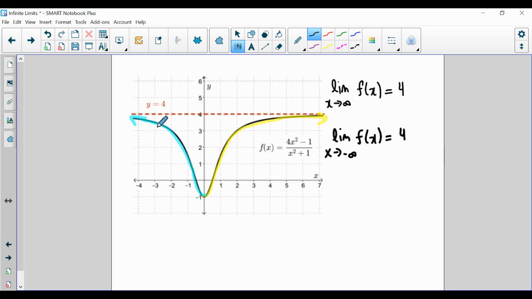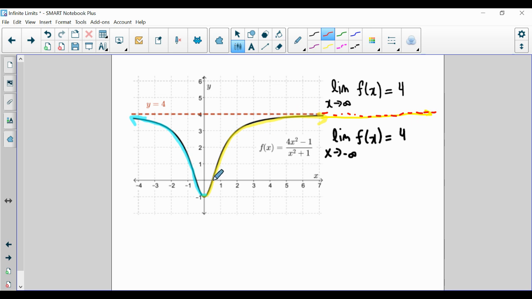So, here's an example, graphically, of why we would want to look at this. Here's a cool little graph that has a horizontal asymptote at y equals 4. What happens when x goes to positive infinity? Well, this is going to continue forever, and this asymptote is going to be here forever, blocking this function from ever hitting 4.